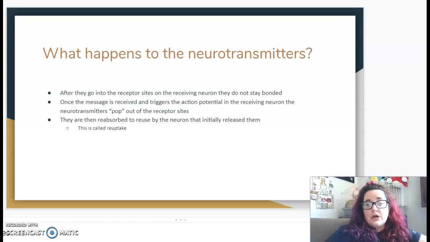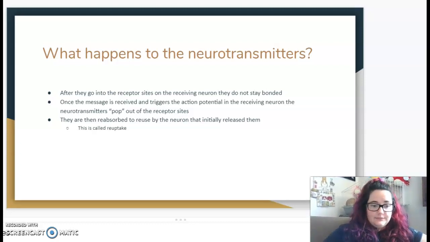Well, they go into the receptor sites on the receiving neuron, but they do not stay bonded, so they don't stay there after. Once the message is received and triggers the action potential in the receiving neuron, the neurotransmitters essentially pop out of the receptor sites and are then reabsorbed to be reused by the neuron that initially released them. This process is called reuptake.